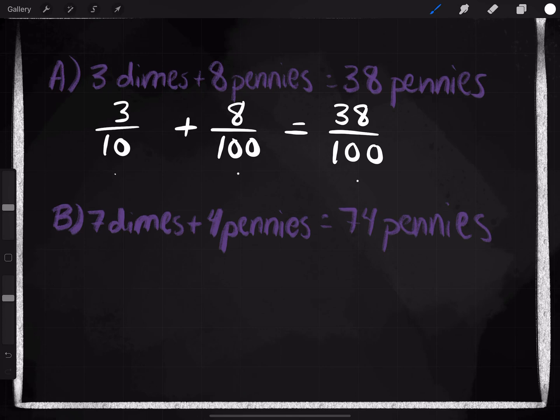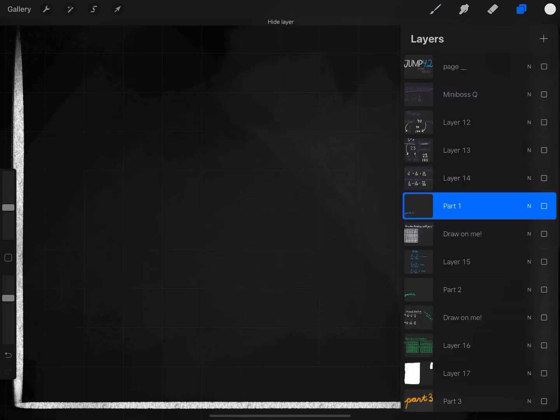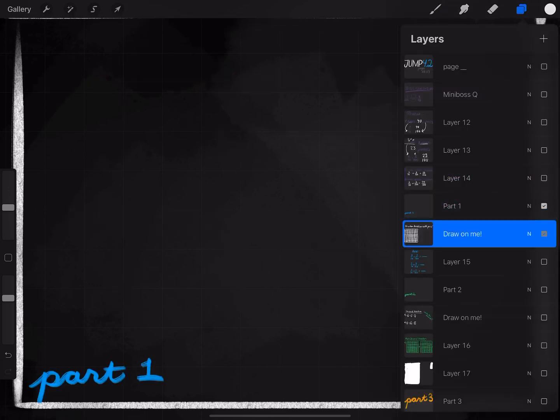Okay, and then for part B, 7 dimes, 7/10ths, plus 4 pennies, 4 100ths, equals 74 pennies, so I'll write 74 100ths. So we know that 7/10ths plus 4 100ths equals 74 100ths. So that is the coin method of doing that.